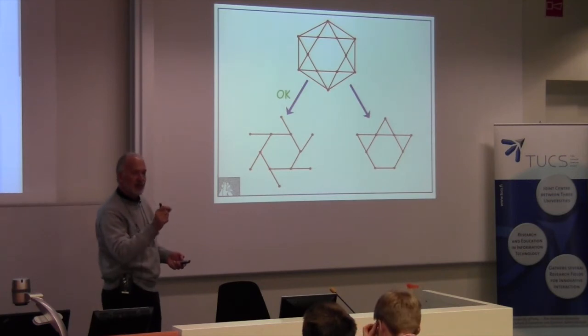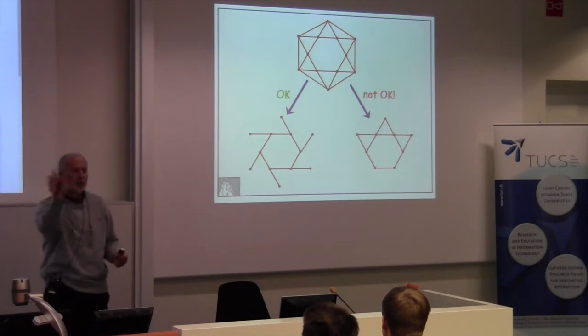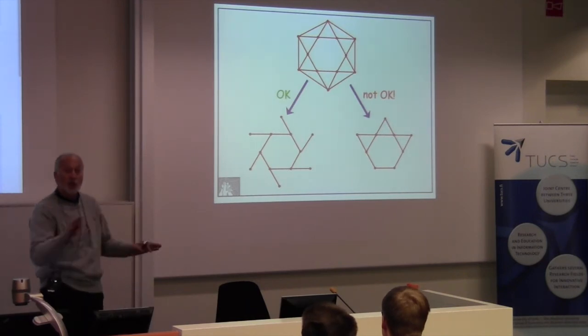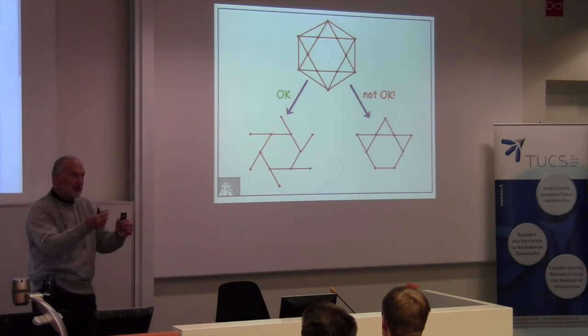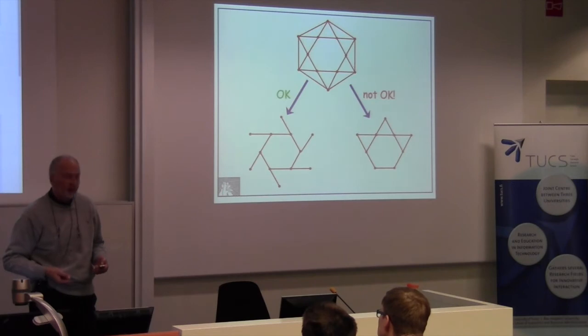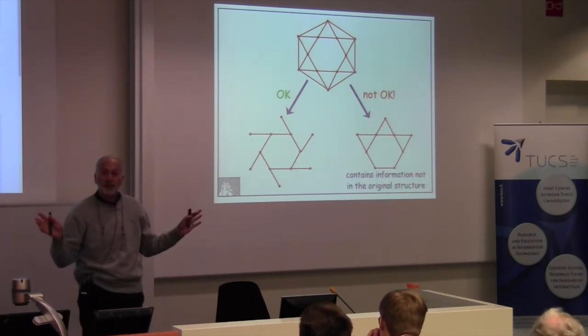Intuitively, the point we made in 1979 was that this function is not okay. It doesn't matter what it does on other graphs. If on this single graph this is the result it gives, no good. It seems a little slippery to say why it's no good, but let me give you the words. The reason I used to explain why we don't want this function around is that it is using information that is not in the original structure.